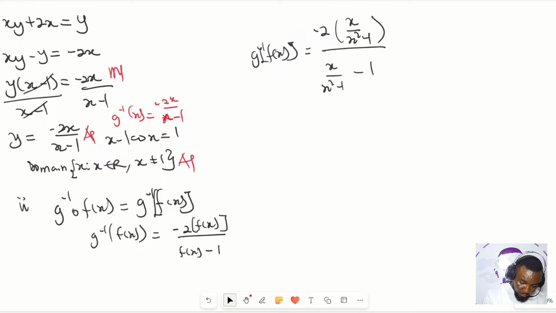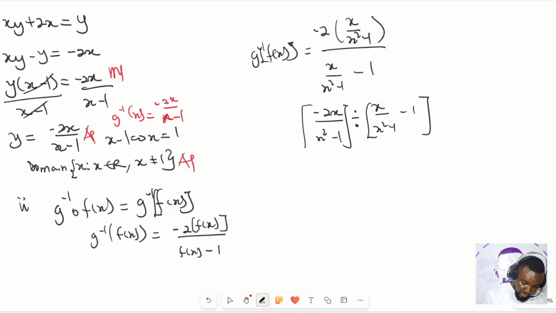So the negative 2 multiplies the numerator part. So we have negative 2x all over x squared minus 1. We can write the division sign like this so that it becomes easier for us: x all over x squared minus 1 minus 1. So we put this into brackets as well. That is J inverse of f of x.